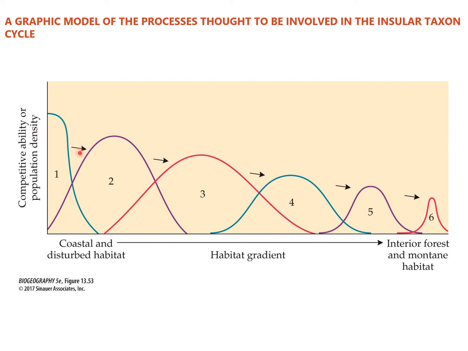You show up and there's probably not that much competition, but then as other organisms show up, there's competition, and then you evolve to fit that competition. Maybe over time the island becomes more isolated, and so your gene flow decreases, and over time you might diversify, but your population levels are probably going to shrink here. They're also putting this on a weird sort of habitat gradient, which I think confuses things a little bit. But basically, you're going to probably go extinct over time or evolve into a new species over time.